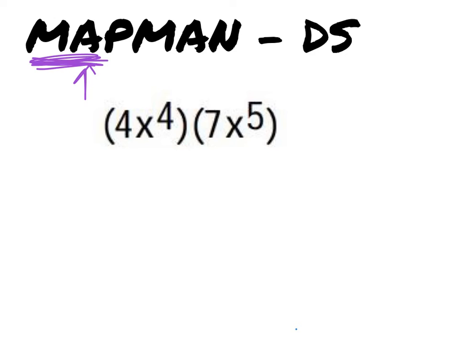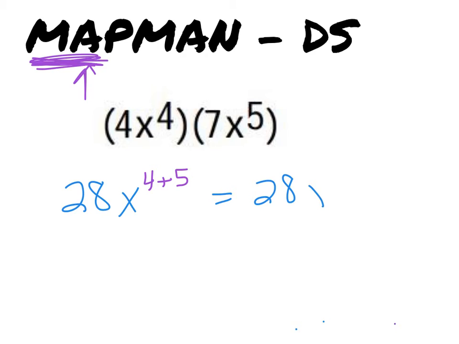So I'm just going to multiply 4 times 7. So 4 times 7 is 28. And then I'm going to add my exponents. So I'm going to write my base of an x, and I'm going to add 4 plus 5 as my exponents. So my answer to this is 28 x to the 9th power.